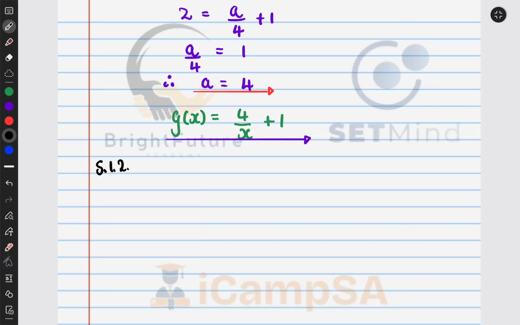Therefore h at x is equal to x plus 1. That will be the equation of the axis of symmetry with the positive gradient.